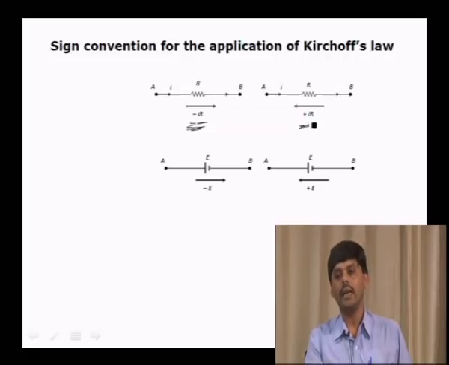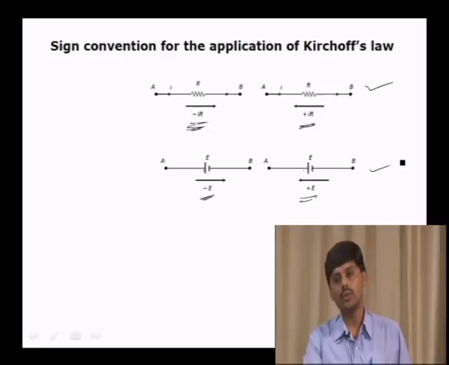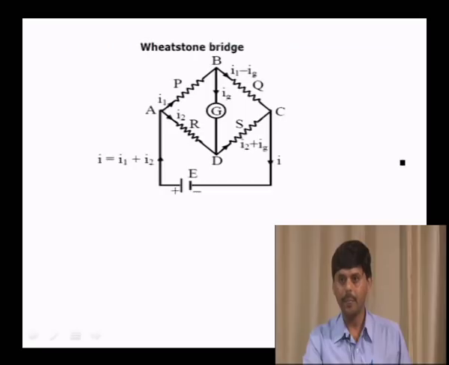Similarly, in case of the EMF, when we move from higher potential to lower potential, the EMF is minus E. If you move from lower potential to higher potential, then the EMF is positive. This is the sign convention. If you know this sign convention, it is very easy to solve Kirchhoff law problems.